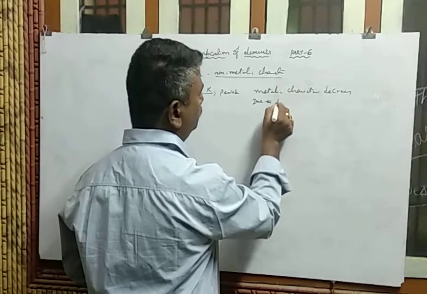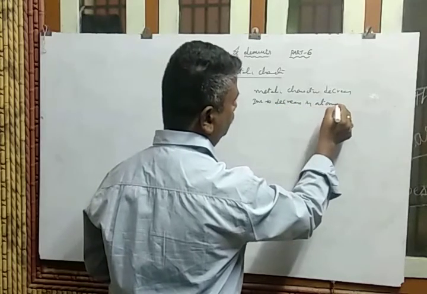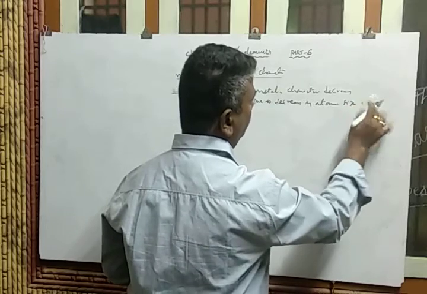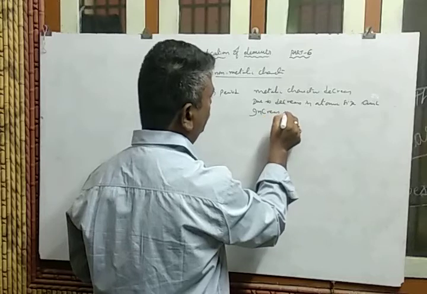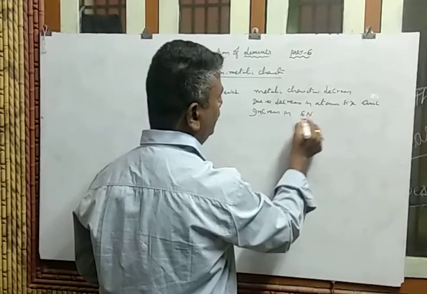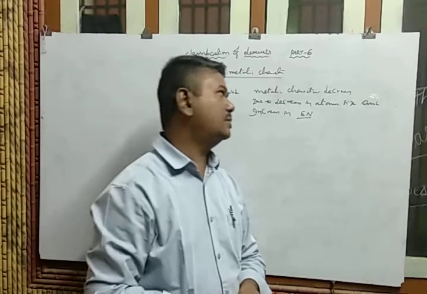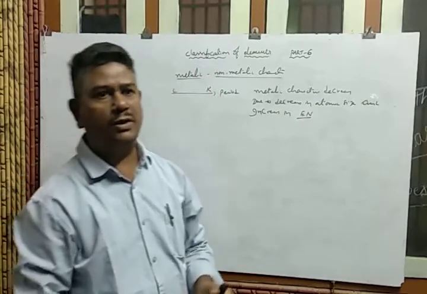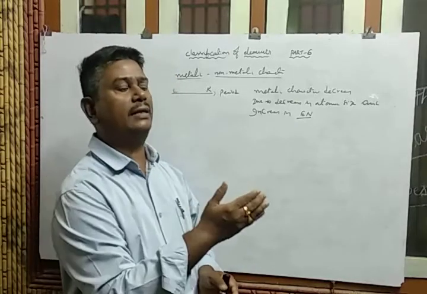Due to the decrease in atomic size and increase in electronegativity, what happens? The nuclear force of attraction increases, so that's why it does not lose electrons easily. That means the metallic character decreases.